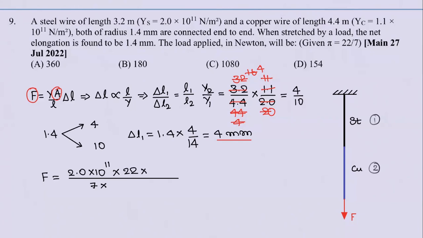Radius is 1.4 millimeter. 1.4 into 10 power minus 3 whole square. Yeah, I got the area there. F is equal to YA by L, L is 3.2, into delta L. Delta L is 4 millimeter, 4 into 10 power minus 3. Lengthy calculation. If you go through it, you will get the answer 154. So the answer is D.